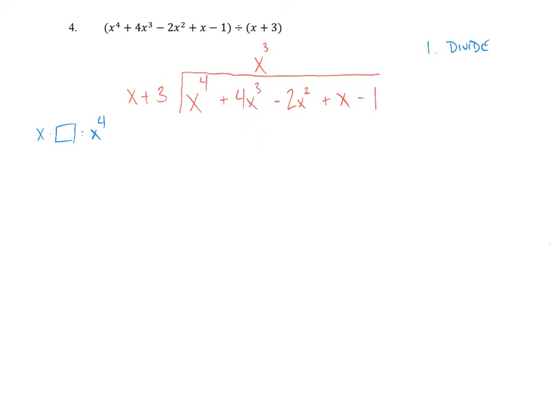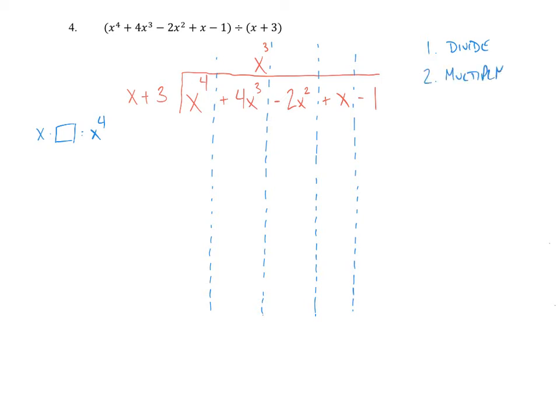So let me draw in my dotted lines to show what my columns are. So we've got an x cubed now in our x cubed column. And the next thing we have to do, step 2, is we have to multiply. All right, so x cubed times x plus 3.